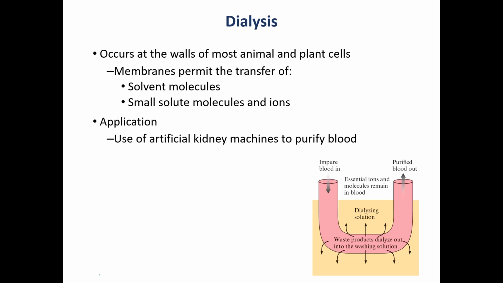They're also useful in medicine for things like dialysis. That's how we use artificial kidney machines to do the work when someone's kidneys aren't functioning properly. That's how dialysis is able to filter out the waste and toxins in your blood much the way your kidneys do.